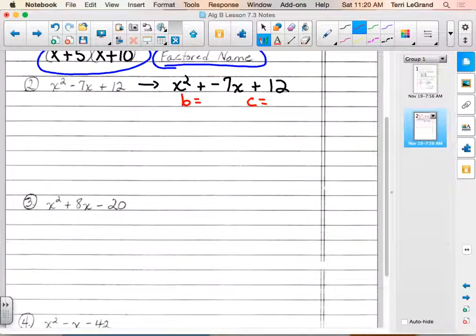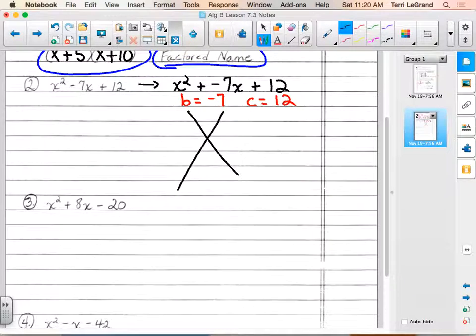Get used to doing that because it's going to be really important for when this gets a little bit more challenging. So b is -7, c is 12. It's in standard form, it's pretty easy to pick them out. Okay, let's draw our diamond.